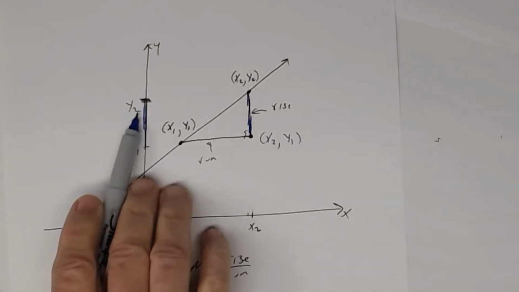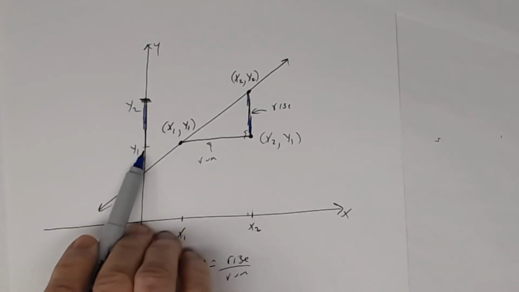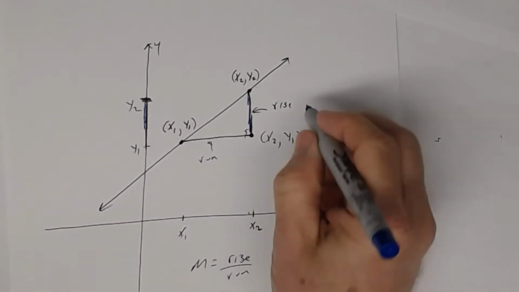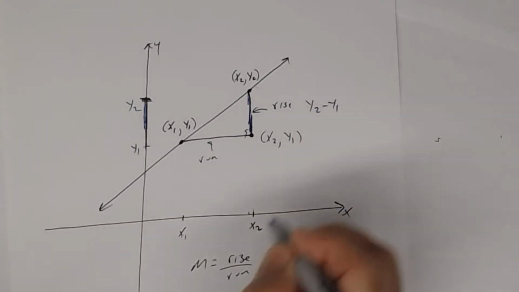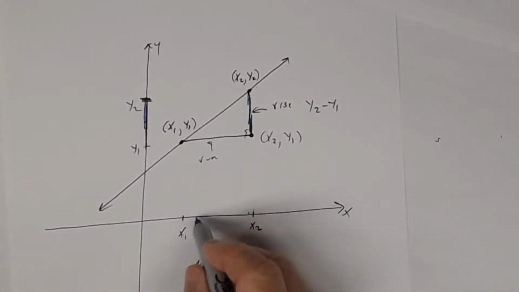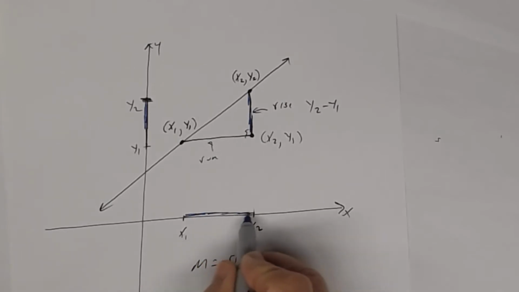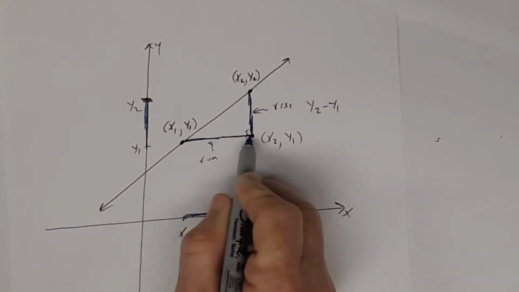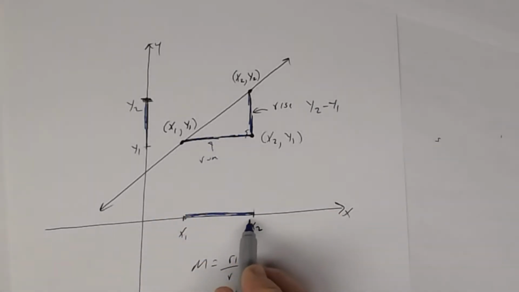The length here will be y2 minus y1. Same thing here, y2 minus y1. The run: this distance going from here to here is the same as this distance. And if I want to find this distance, I'll say x2 minus x1.